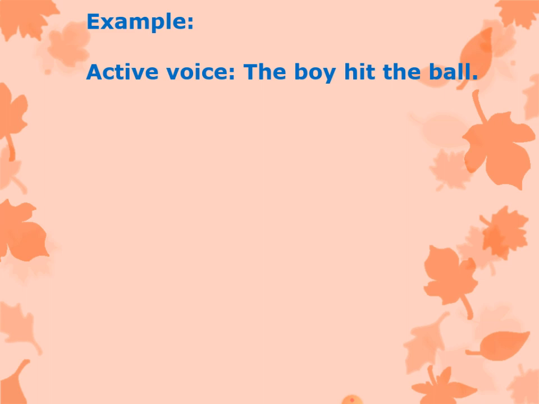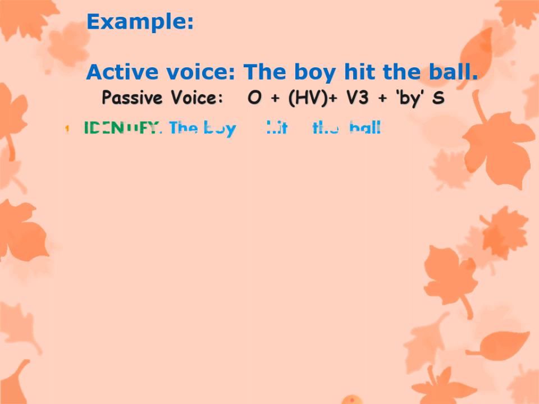Let's take an example. The boy hit the ball. Remember the formula of passive voice. O plus helping verb plus past participle form of the verb plus by and the subject. So, the first step, identify the subject, object and the verb.